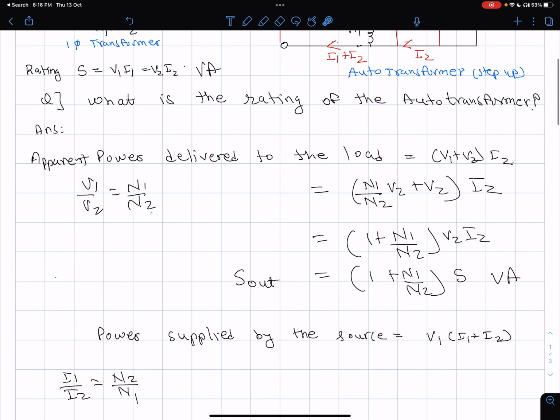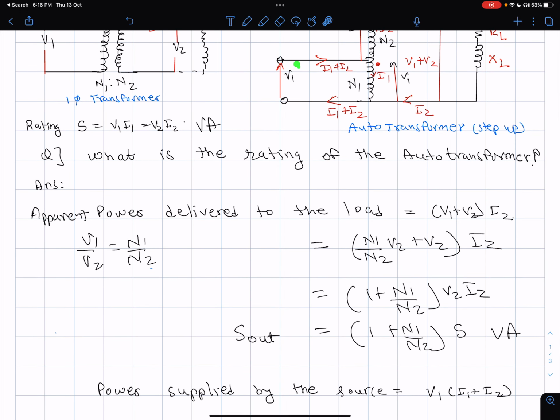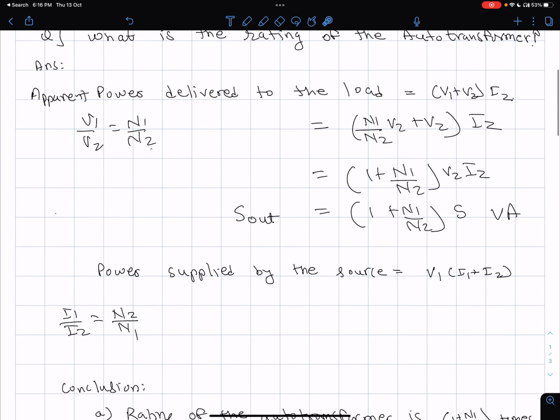So if you look at the apparent power supplied from the primary, rated voltage V1 is applied, and the current which is pushed in is I1 plus I2. Now I1 and I2 are in inverse proportion to the turns ratio, so I1 by I2 is equal to N2 by N1. Let's use that to simplify this equation.